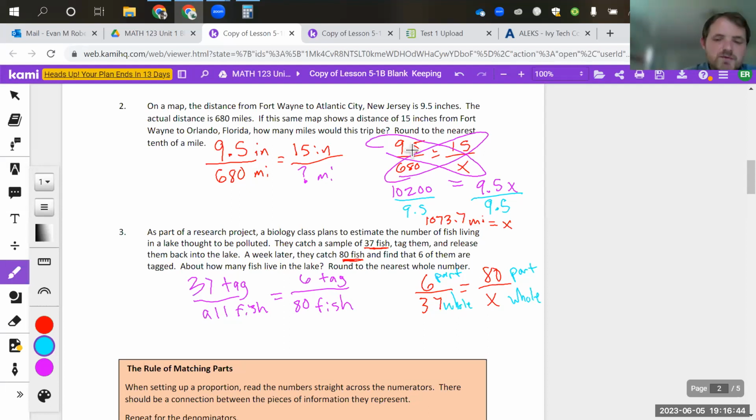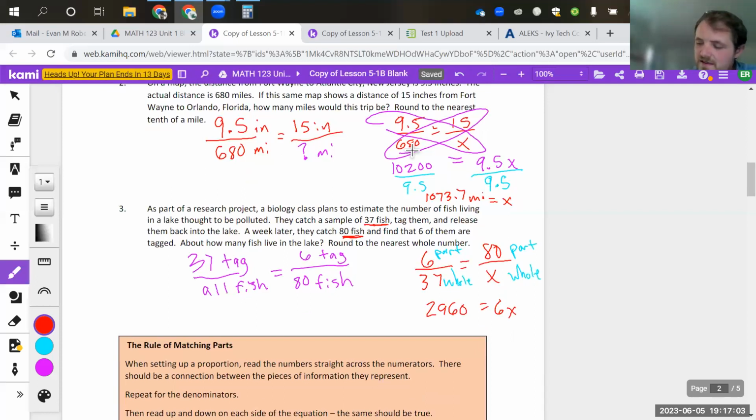So I'm going to run with the red part. I'm going to cross multiply to be 6x, and then some big number of 80 times 37, which is 2,960. And then dividing by 6 on both sides gives me 493.